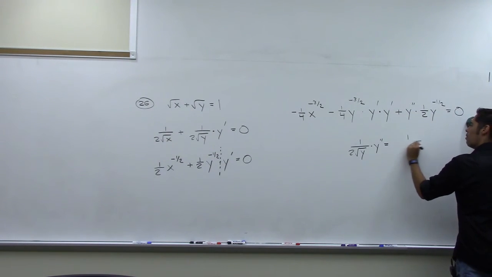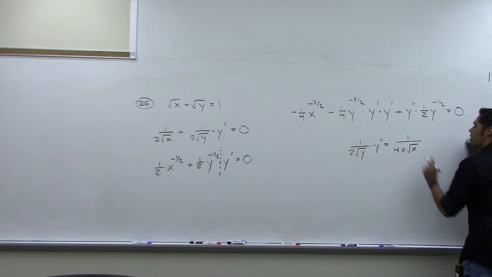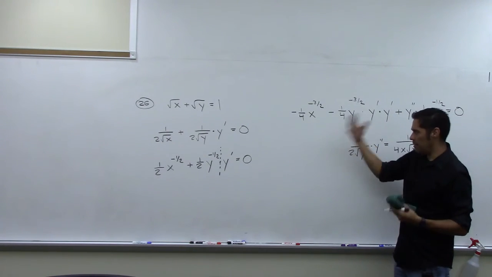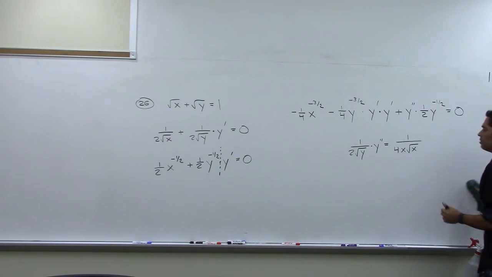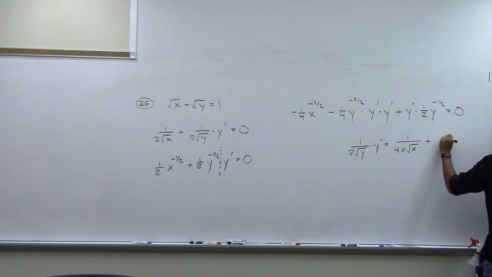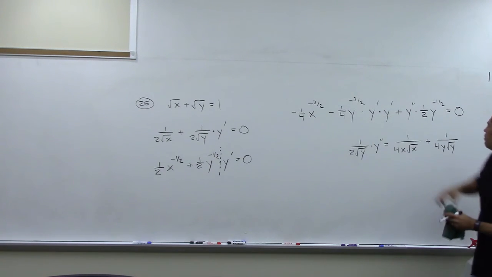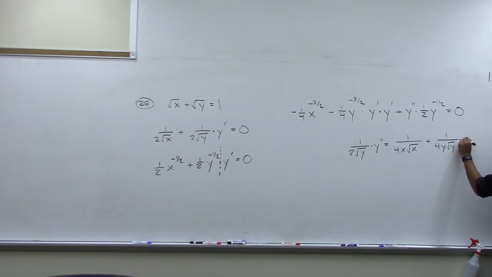So 1 over 4 x root x. What I did was I dropped this back down and I did the square root of x cubed, which gives me this. Bring that one to the other side, plus 1 over 4 y root y, same story, but I have attached to that y prime squared.